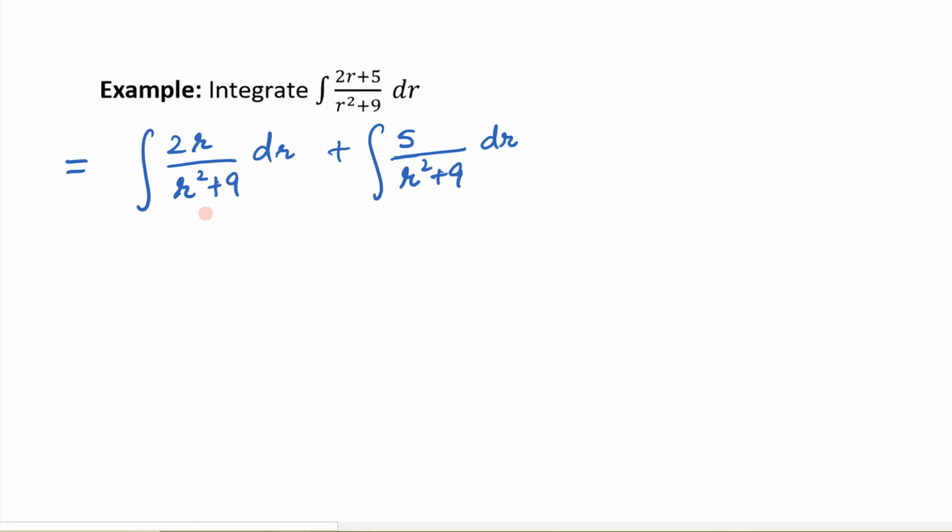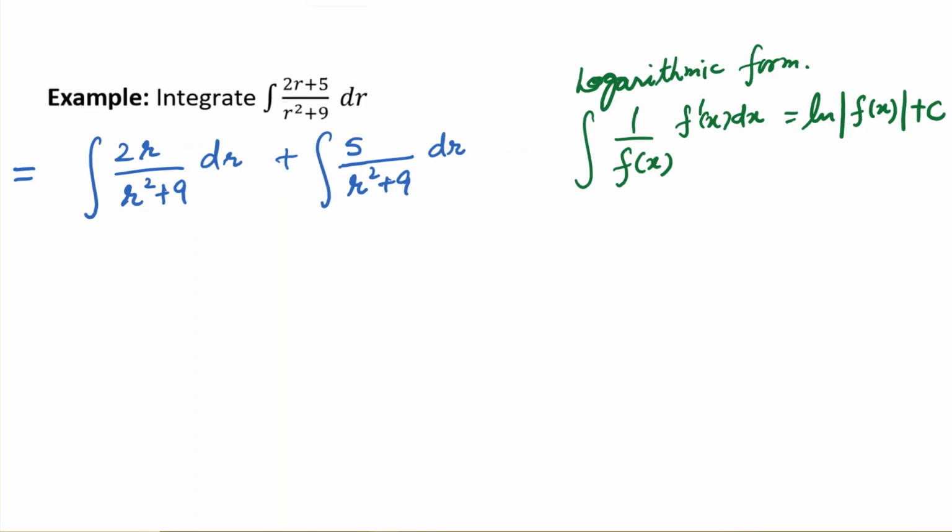If you consider your f(x) as r square plus 9, the differential of that would be 2r dr. So we notice that this is a logarithmic form. Let me remind you, the logarithmic form is if you have the reciprocal of a function, so 1 over f(x), and then you have the differential of the function along with it.